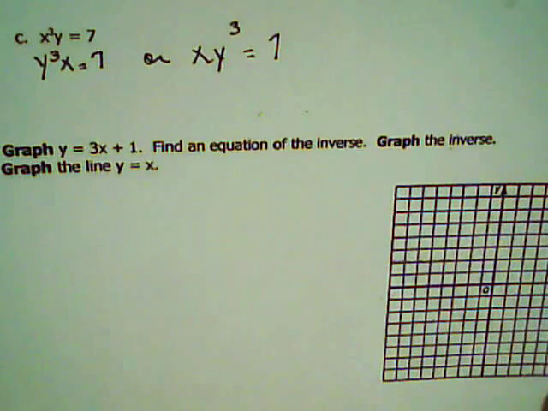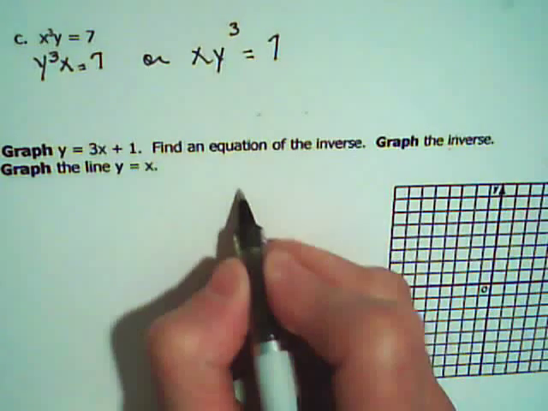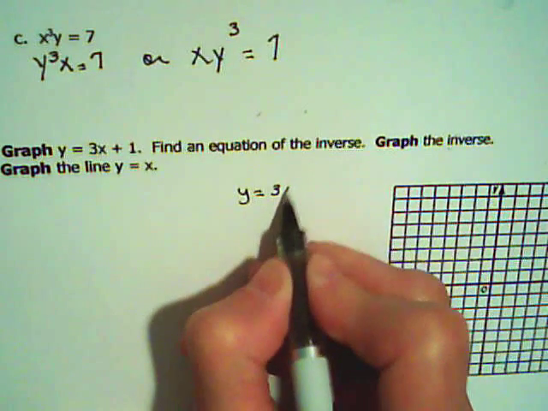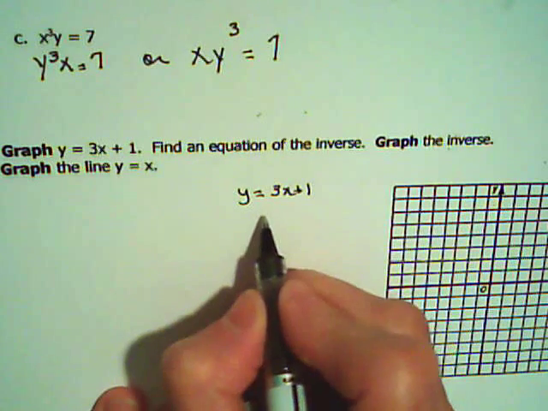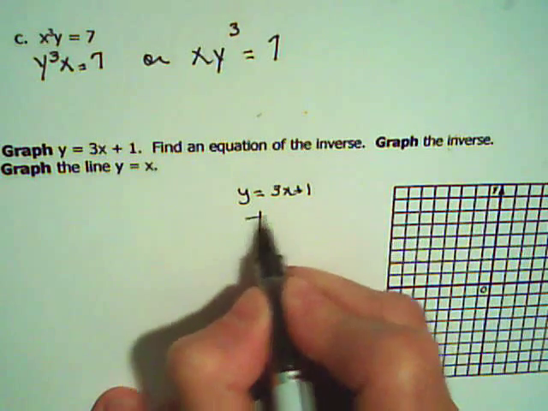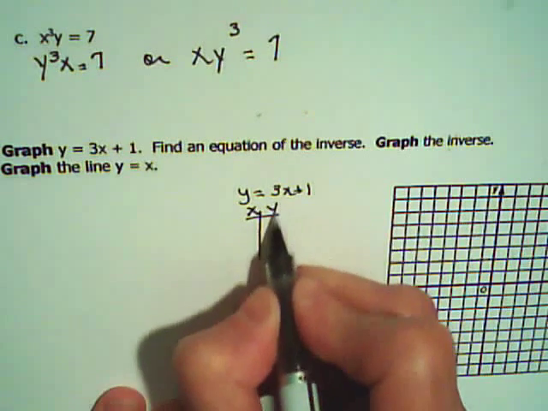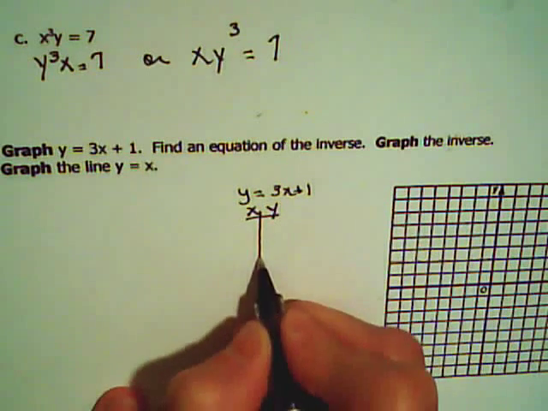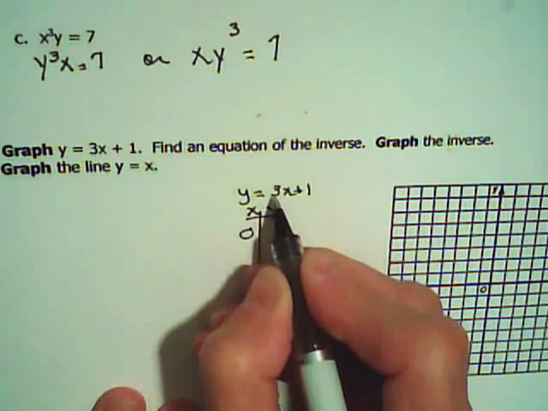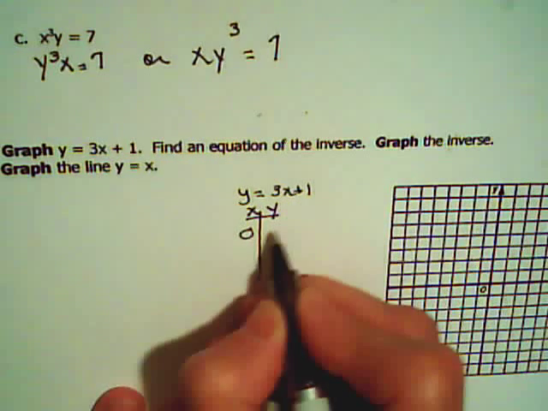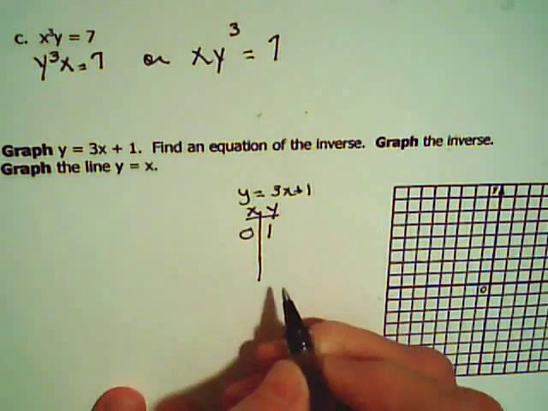You're given the equation y equals 3x plus 1. Of course, we know that's a linear equation and we're asked to graph it. There's several ways to do this, but for our purposes, we're going to just do a t-chart and make some substitutions. If I substitute 0 for x, 3 times 0 is 0 plus 1 would be 1 for y.